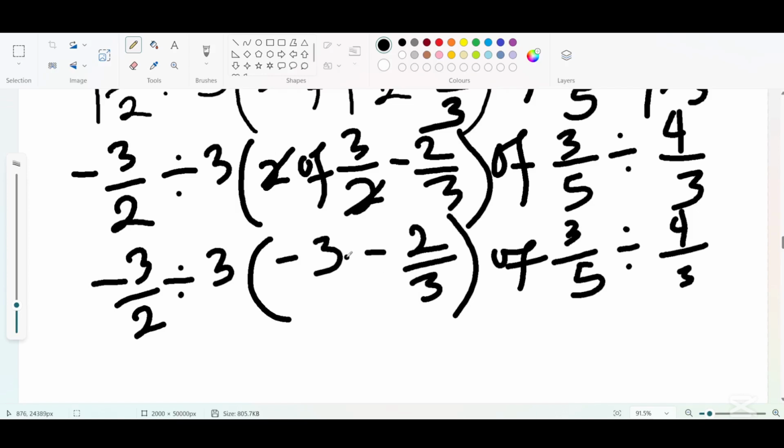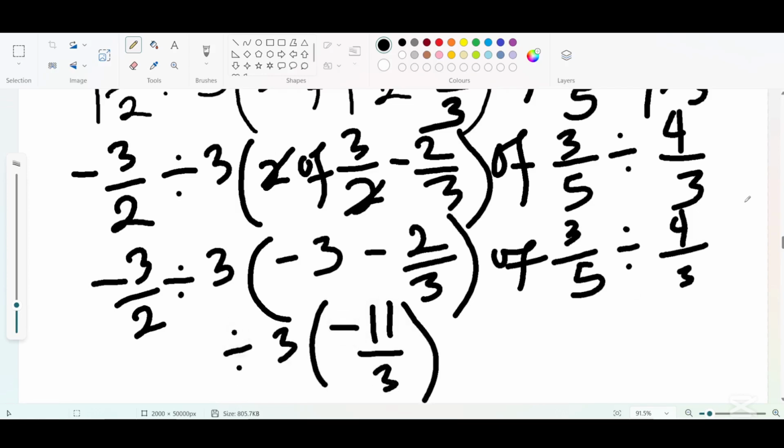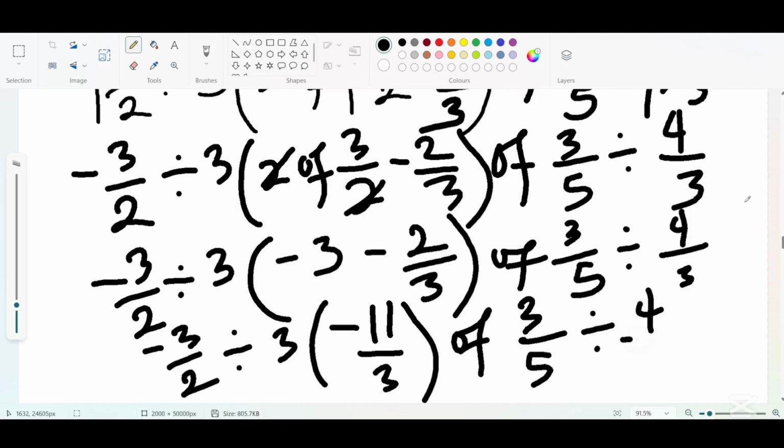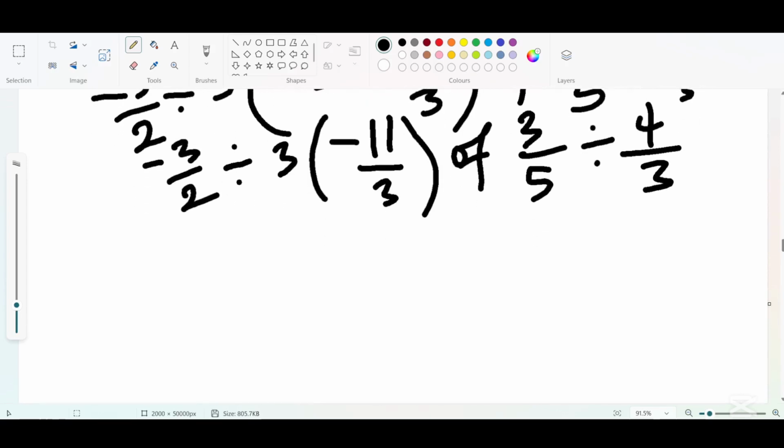That will be minus 9 minus 2, that's minus 11 over 3. So this is going to be minus 11 all over 3. So division is here, then minus 3 all over 2 is here, of 3 all over 5 divided by 4 all over 3. So the next thing we want to look at here is to use the 3 to multiply, to break this bracket open.